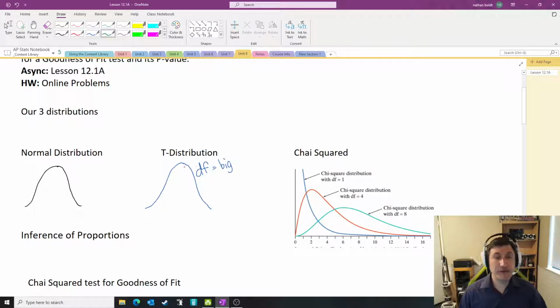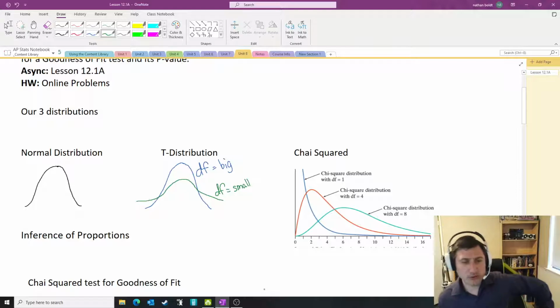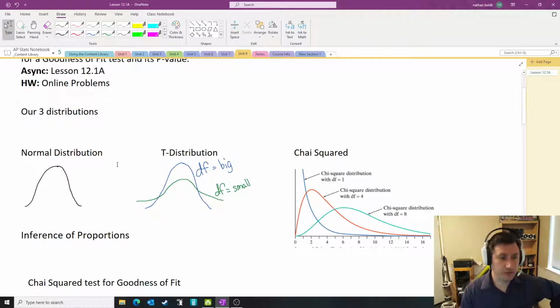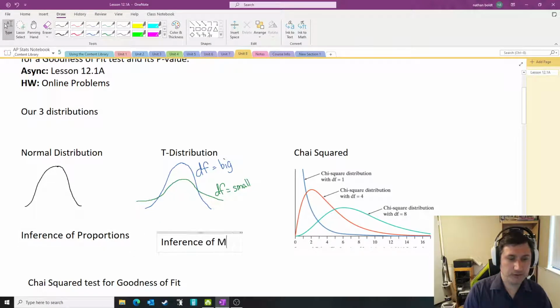However, if you have a smaller degree of freedom, the tails get wider and the peak isn't quite as high. This is exaggerated, but hopefully you get the idea. That's if you have a small sample size, when your degrees of freedom are small. Those are the 2 we've used before. And that one was for an inference of means.